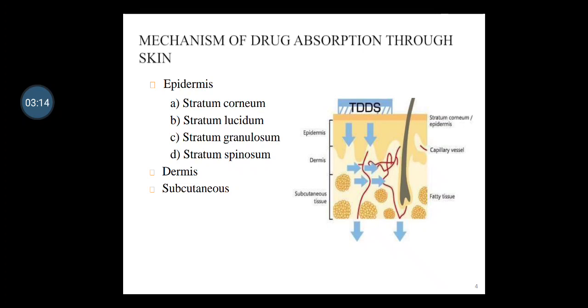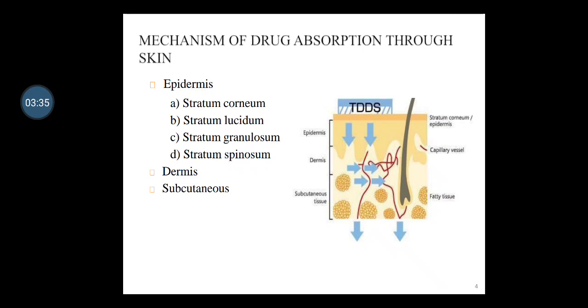The last layer of the skin is the subcutaneous tissue, which comprises blood vessels and fat globules.